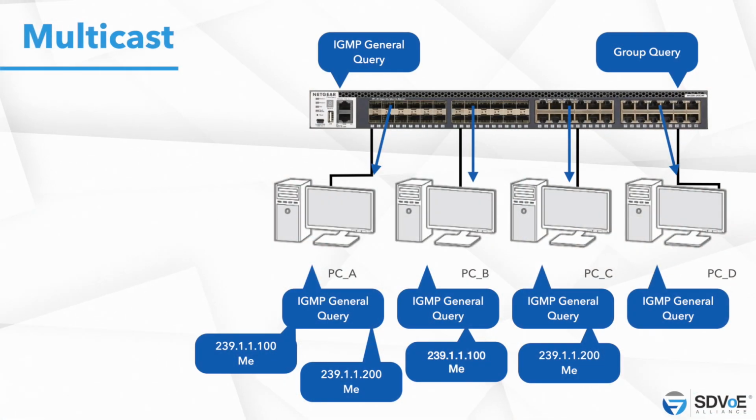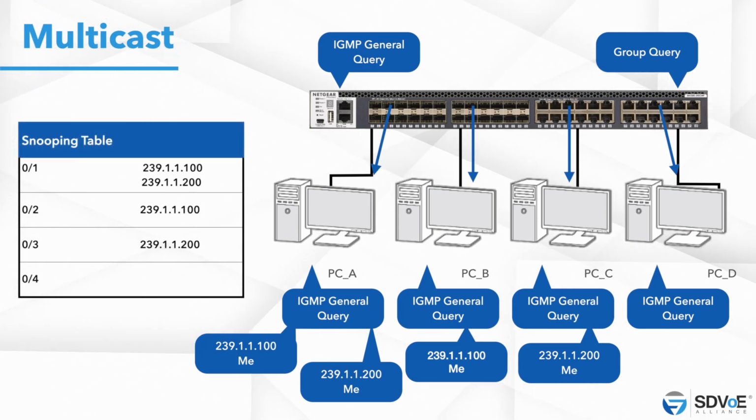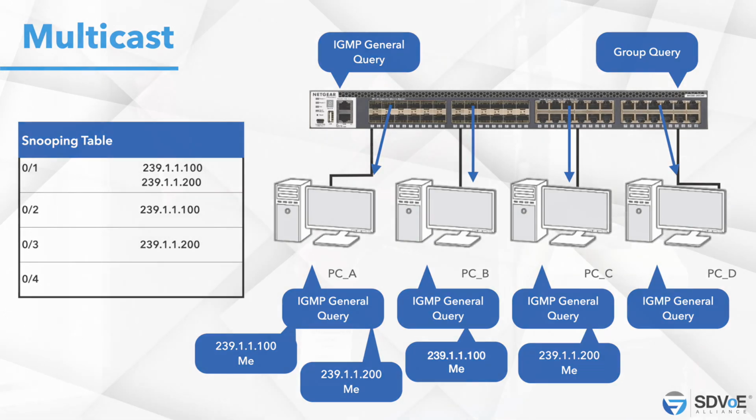When this happens, then on the switch network backend, you have an IGMP group snooping table that is automatically updated with those IGMP groups. So port 1, where PC A is connected, has now access to the 239.100 and 200 when B and C only access one stream, okay?